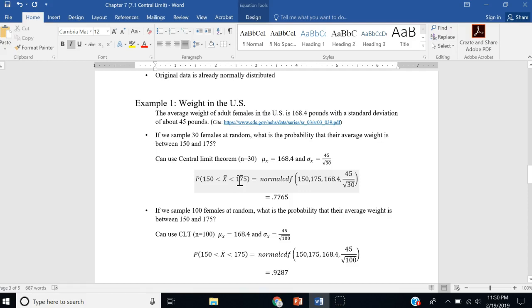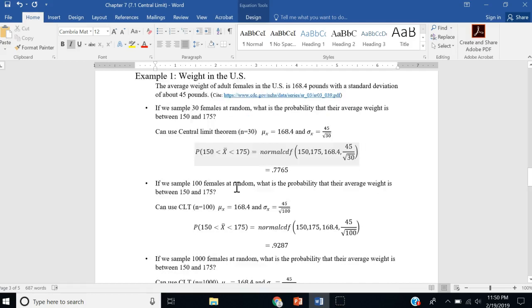So as the sample size grew, we were getting more samples which were close to 168.4, close to our average. And since my probability range included the average, the probability was going up. More samples getting close to the average means there's more stuff between 150 and 175.